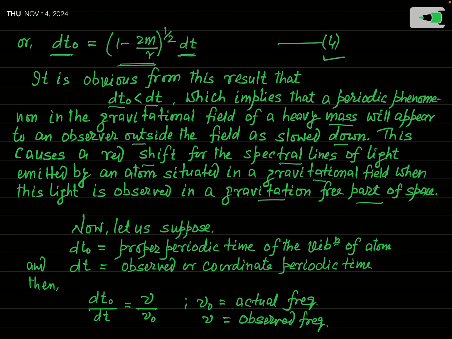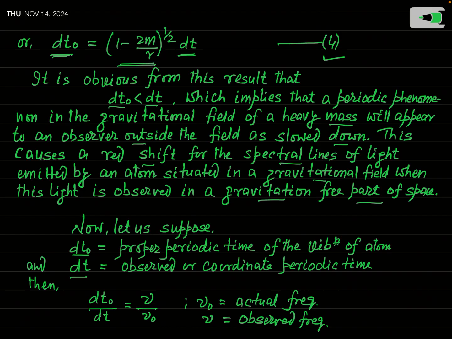But how can you say this result actually leads to the red shift of a spectral line? For this, as you know, this time interval may be any time interval. Now we consider that this dt naught is the measure of the proper periodic time. This is the proper period of the vibration of the atom, and dt is the observed or coordinate periodic time.